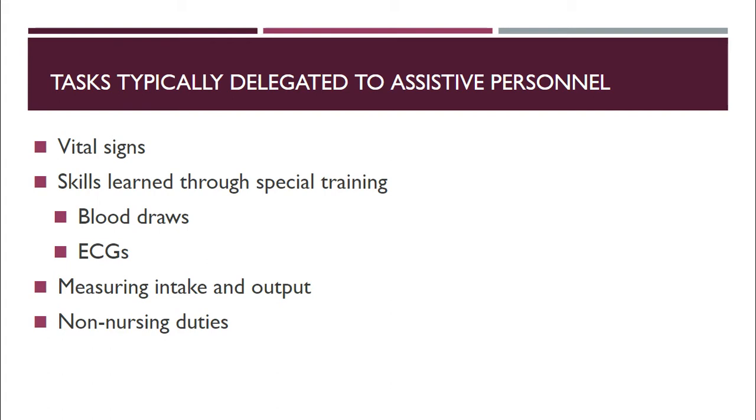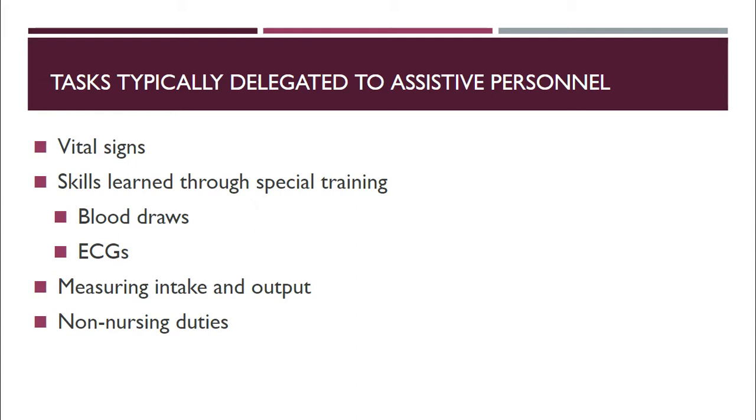So here are listed some tasks that typically can be delegated to assisted personnel, CNAs, or patient care technicians. So vital signs, again, not necessarily delegated because it is within their scope of practice. It's something that they have been licensed to do. They can do skills learned through special training. I know depending on hospital systems, some allow their CNAs to do blood draws, or in the ER, if you're an ED technician, then you can sometimes start IVs.